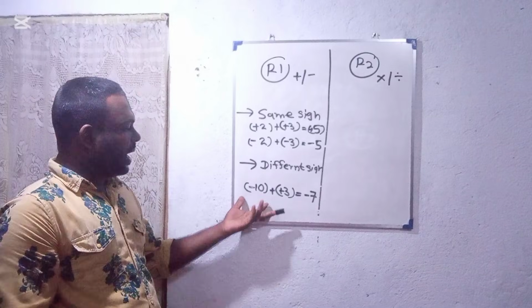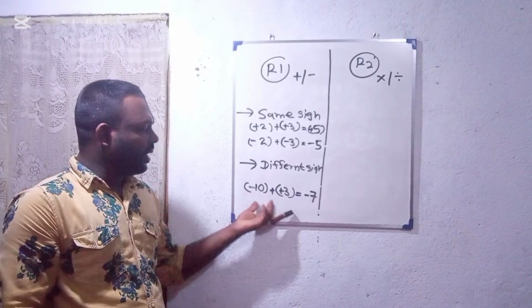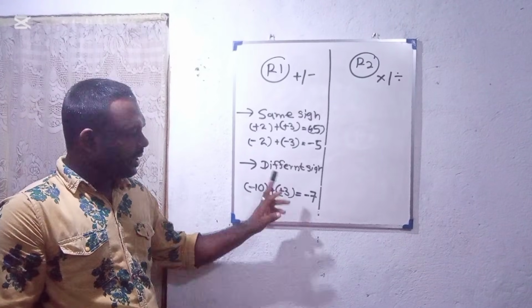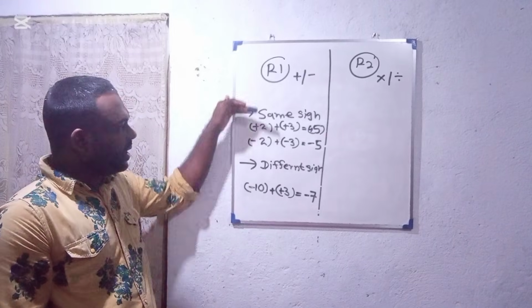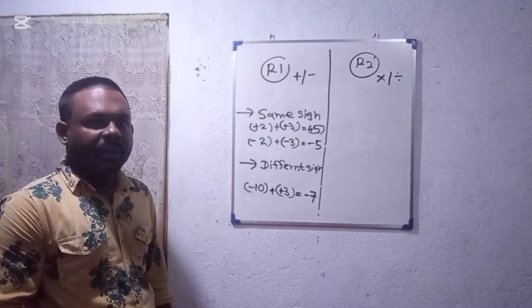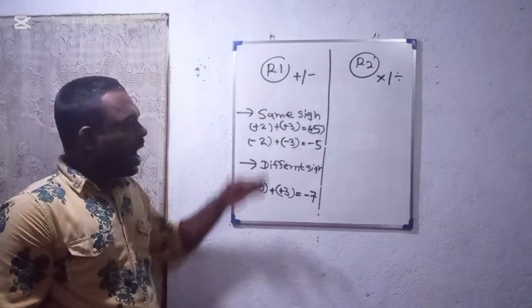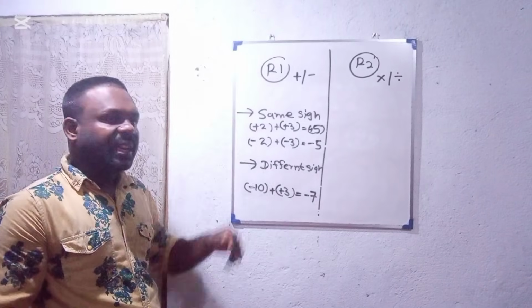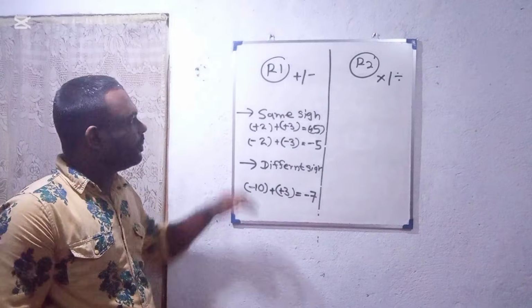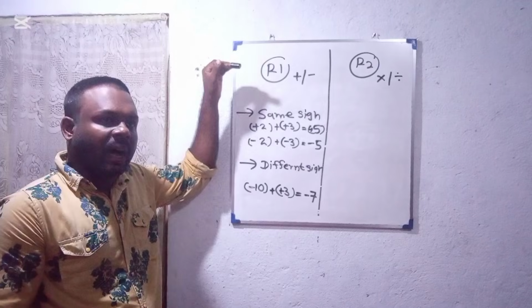Minus 7. When I add minus 10 plus 3, the answer is minus 7. This is Rule 1. You already know it, I just label it for easy identification as R1.